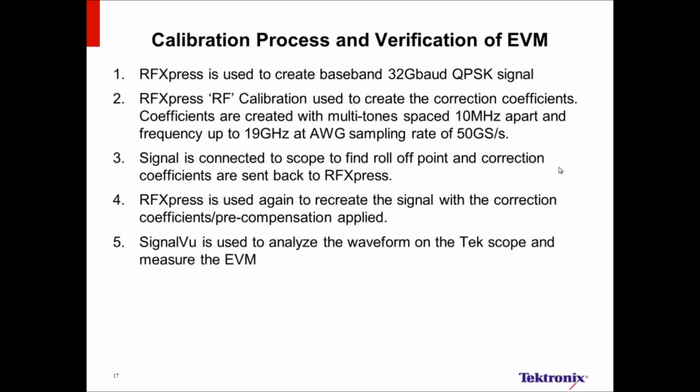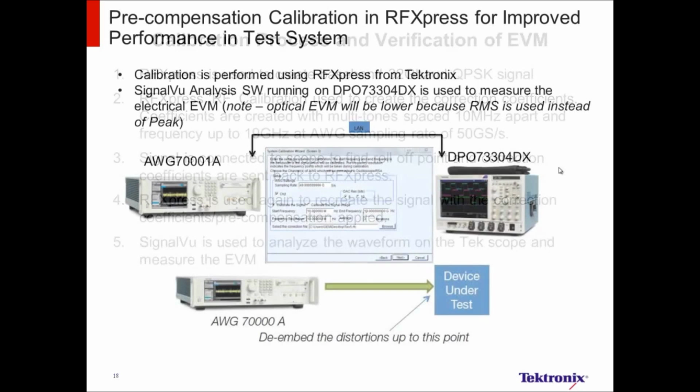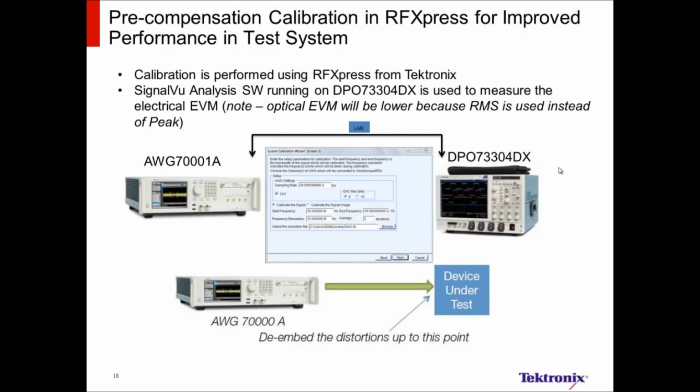And then to look at the EVM on the electrical side, you can use Signal View that also runs on the scope, so that you can see the characteristics of the signal, either looking at an open eye or an EVM. The configuration is we're going directly from the AWG to the oscilloscope.